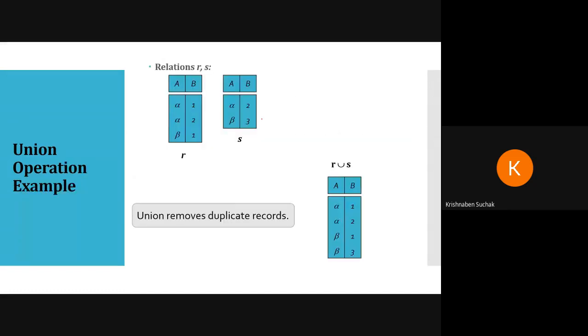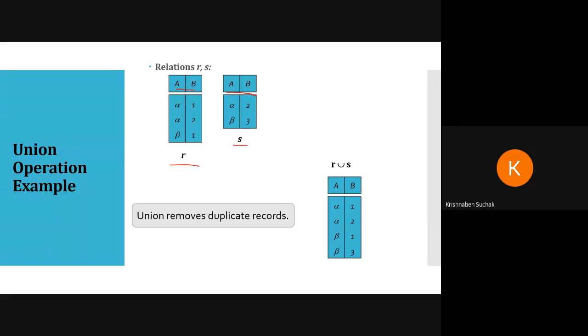Let us see the example. Here there is one relation named R, and here there is one relation named S. The attributes of R are A and B, and the attributes of S are also A and B. So that is compatible.